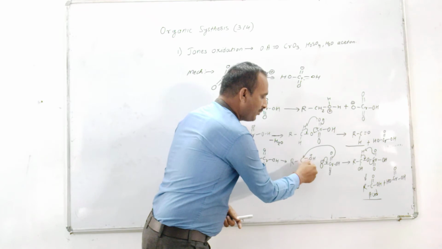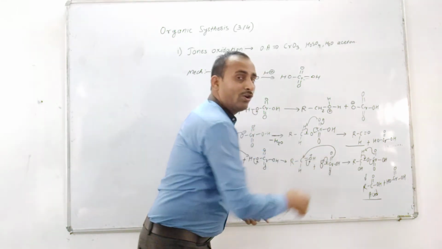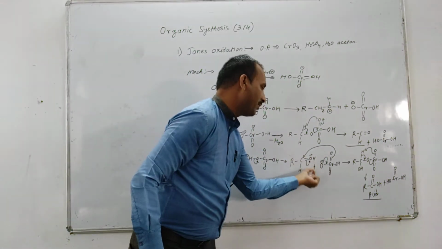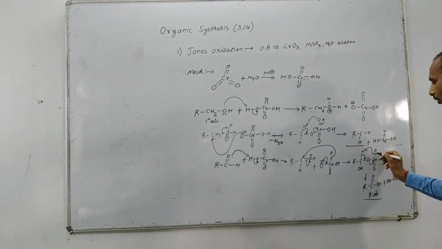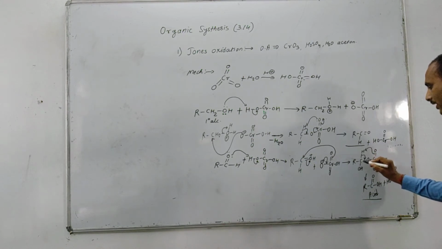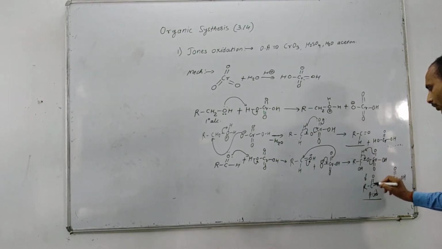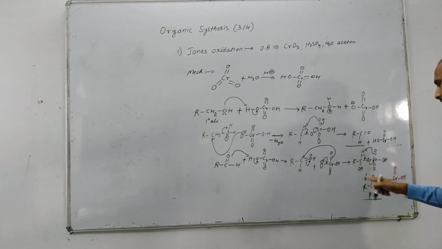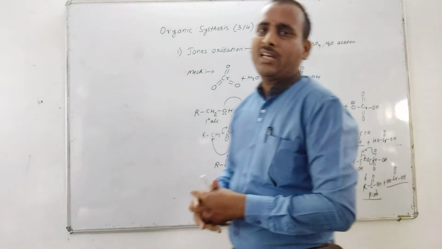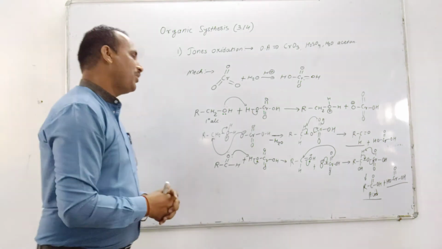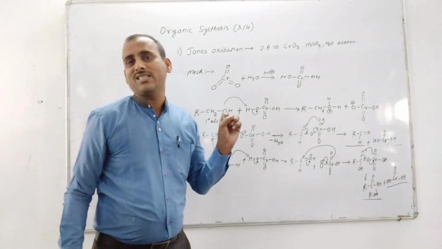Again the double bond shifts to retain the lone pair of oxygen, and the Cr double bond O takes the proton, and this bond shifts here to form C double bond O OH. So it becomes carboxylic acid. Again H2CrO3 is formed. This is the simple mechanism for the formation of carboxylic acid.